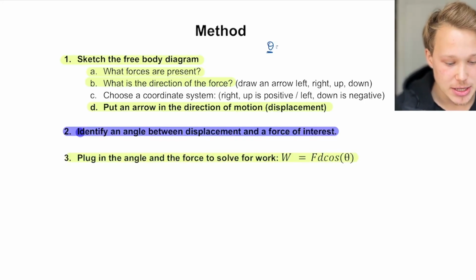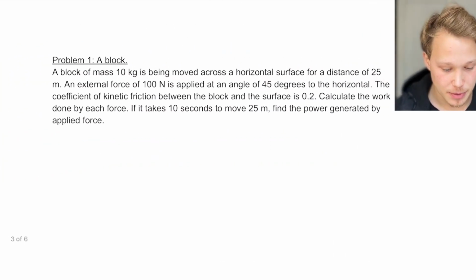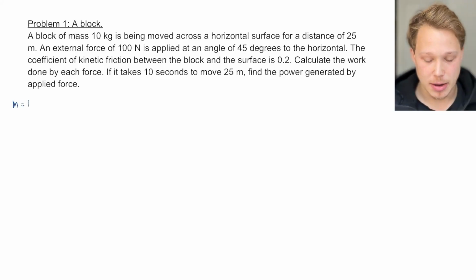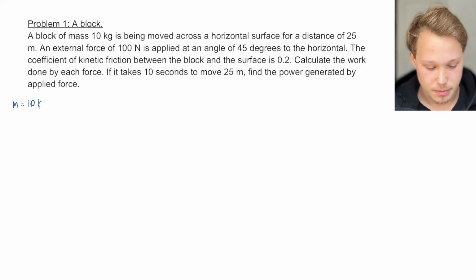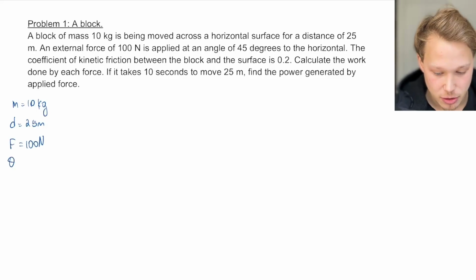Let's practice applying this method by looking at the following problem. Here we have a block of mass 10 kilograms that is being moved across a horizontal surface for a distance of 25 meters. An external force of 100 newtons is applied at an angle of 45 degrees to the horizontal.